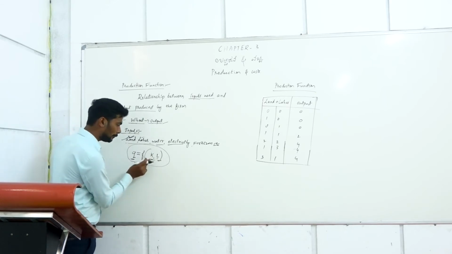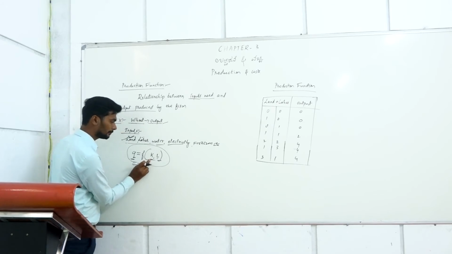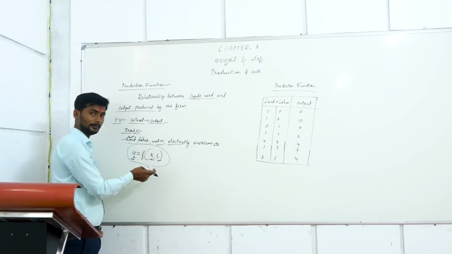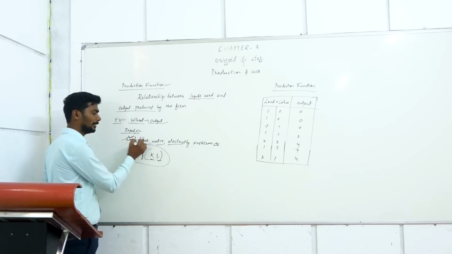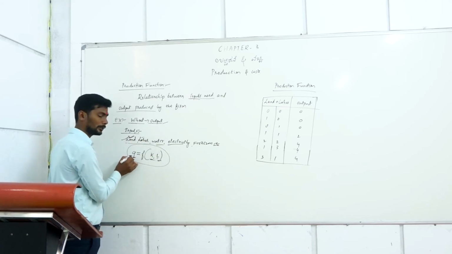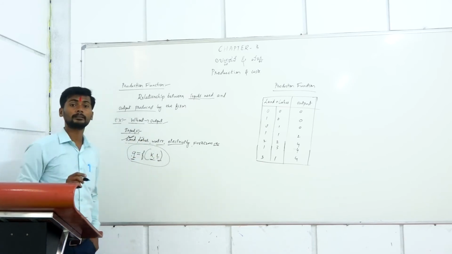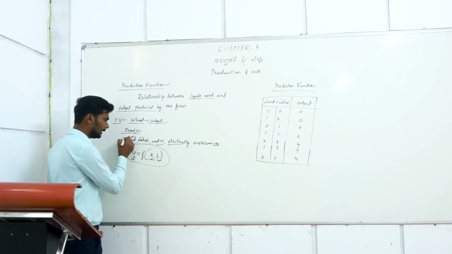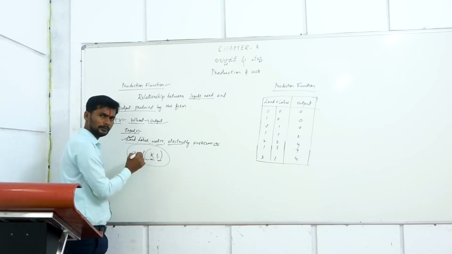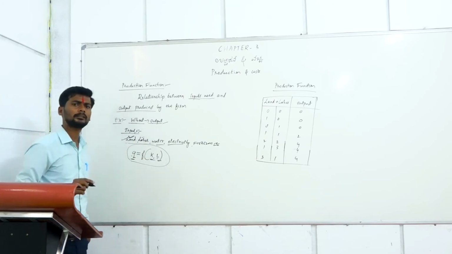If the amount of K and L increases, which means land and labor increases, production or output will also increase. But if only land increases and labor does not increase, production will not increase.